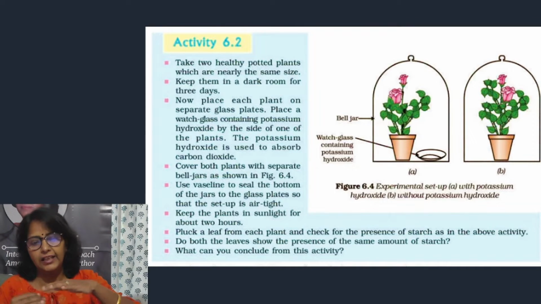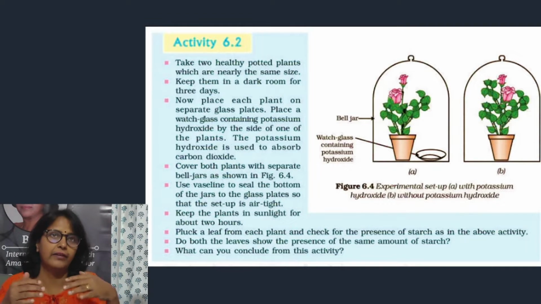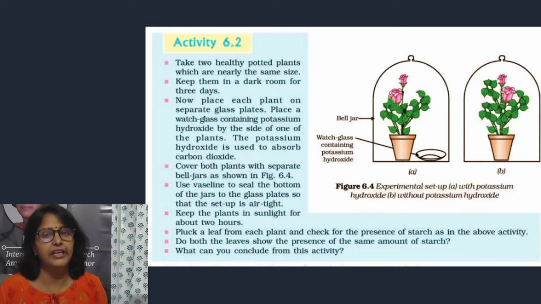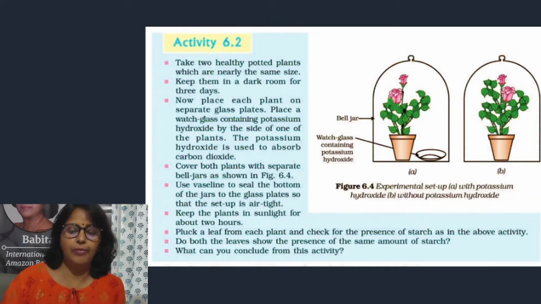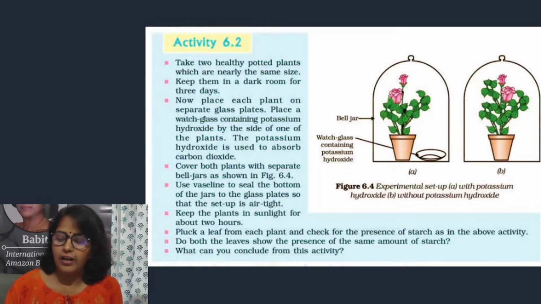After this, we seal the bottom of the bell jar with the help of Vaseline so that no air can enter inside. We make it airtight. Now we keep the plant in sunlight for 2 hours so that photosynthesis begins and new starch is formed.